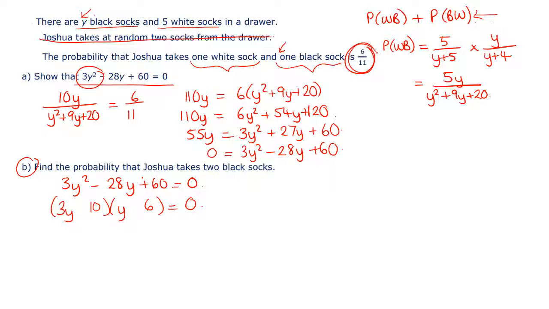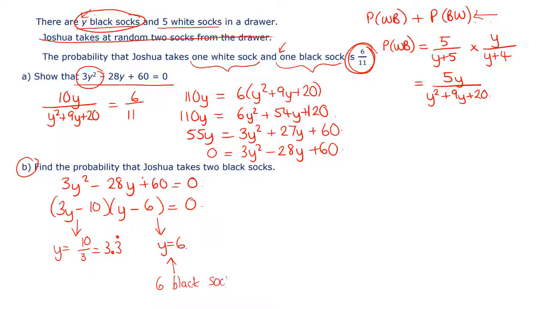So they're going to go like that, and they both need to be negative so that they multiply to make a plus 60. So the two solutions that this would give me are 3 1/3 and y equals 6. And remember, y was the number of black socks, so the obvious solution is this one. The number of black socks is 6.